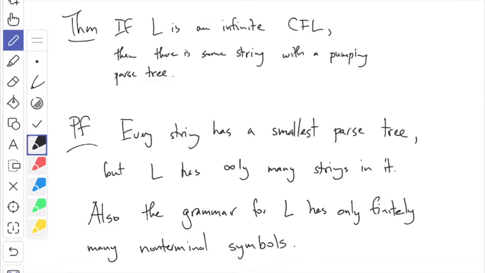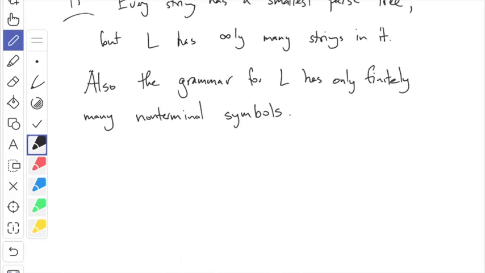What that means is, since your language is infinite, there must be some really long strings, and those really long strings are going to require really big parse trees. And in particular, since there's only finitely many X's and Y's or whatever, a really big parse tree must require that there's some non-terminal that appears underneath itself, because there's only finitely many non-terminals, and you're going to have to start repeating them after a while, all right? So the grammar for L has only finitely many non-terminal symbols. That means some strings will require repetition of the symbols.